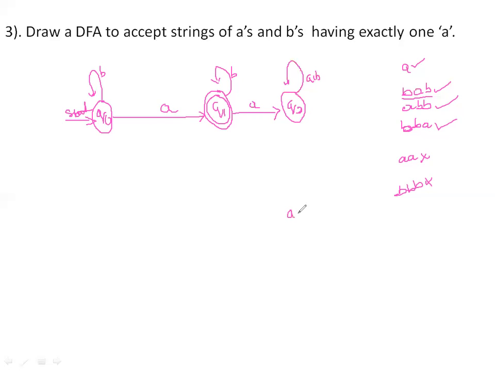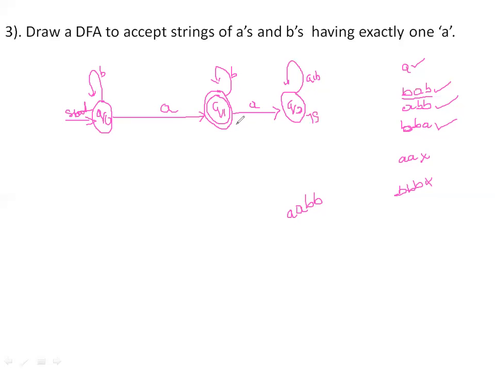Observe it carefully. If you have a string pattern like double A, BB, the double A will go Q0 to Q1, Q1 to Q2. BB will stay in Q2 itself. We are not going back to the final state at any cost. We don't have any possible transition going back to the final state. So we call this the trap state.